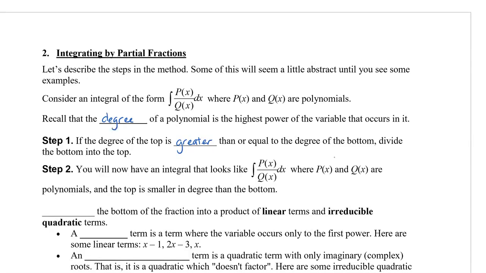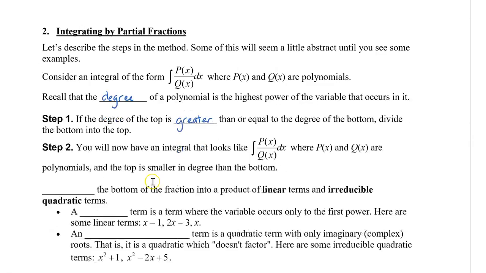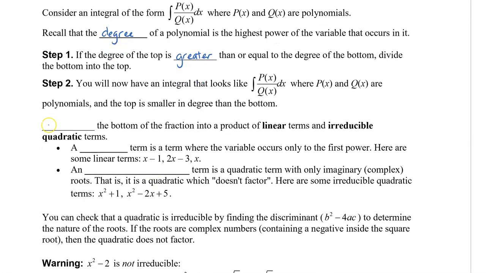Now, step 2. Now that you've done this, if you need to, you will now have an integral that looks like p of x divided by q of x, where p of x and q of x are polynomials and the numerator, the top, is smaller in degree than the bottom. Now that you have this, what we're going to do is factor the bottom of the fraction into a product of linear terms and irreducible quadratic terms.